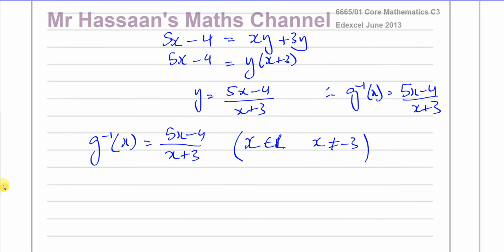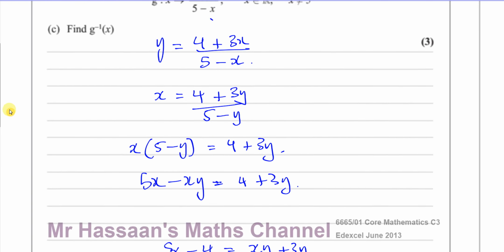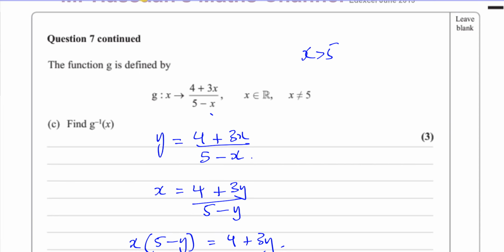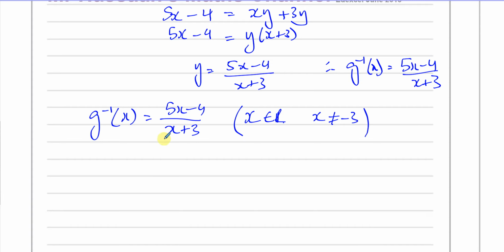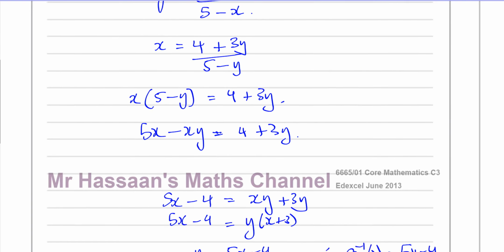It wouldn't have the same domain as it would have if this was restricted. So because there's no restriction apart from the natural restriction that x can't equal 5, this will have no other restriction apart from x cannot be -3, because at x equals -3 this is undefined. So that's the answer to part C.